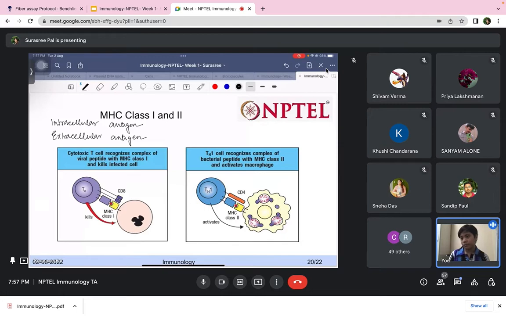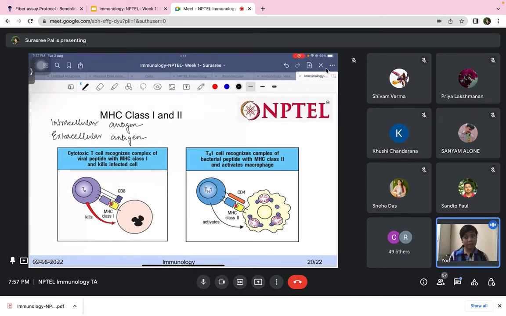And virus, as we know, is non-functional, or non-living, outside the host, right? But once they invade the host system, and once they are inside the cell, they start producing their proteins, right?